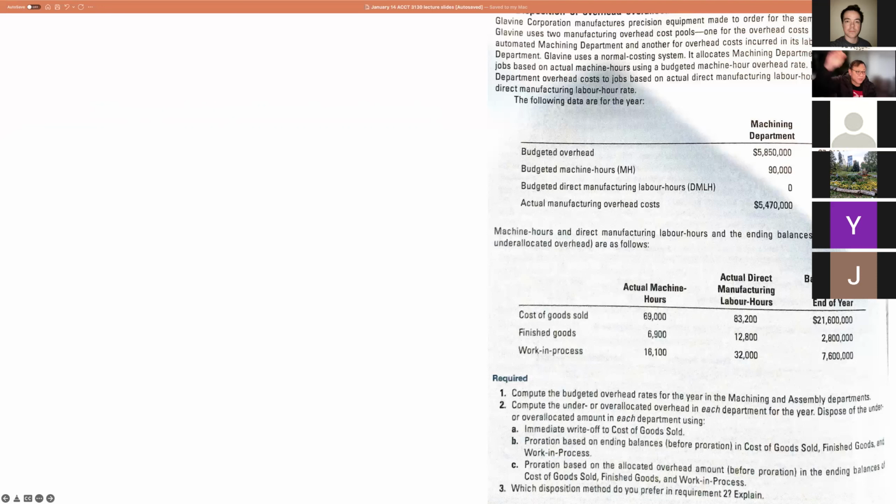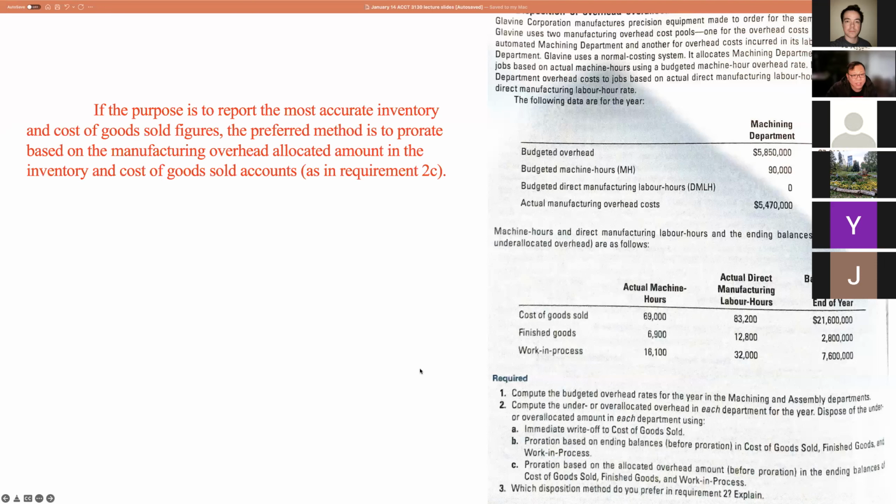If you just use the cost of goods sold balance, there are other things in that balance, but the allocated overhead amount is just for the things related to the question. So that's the most accurate one. If the purpose is to report the most accurate inventory or cost of goods figure, the preferred one would be C.